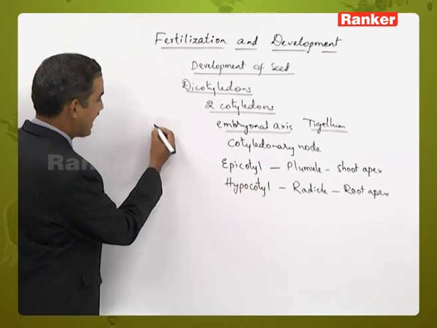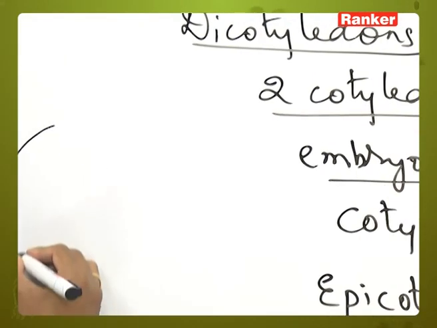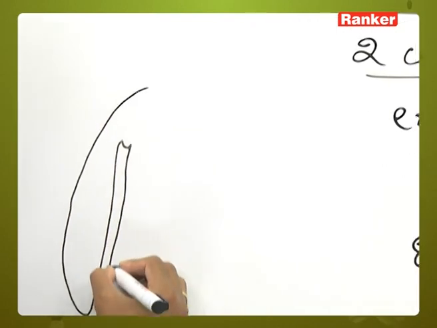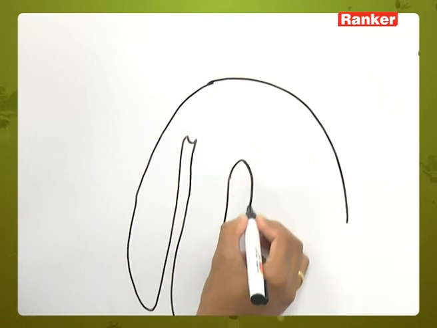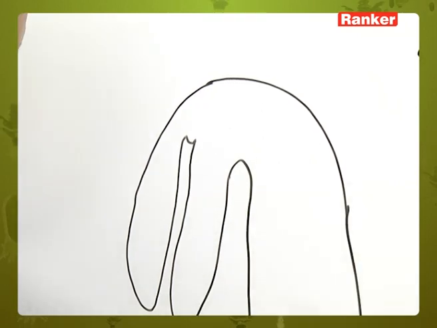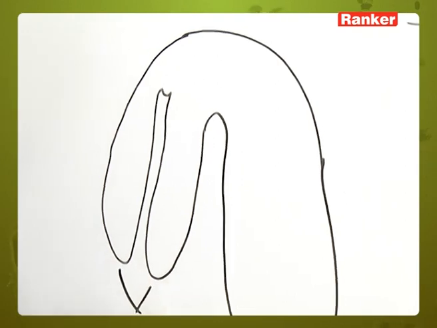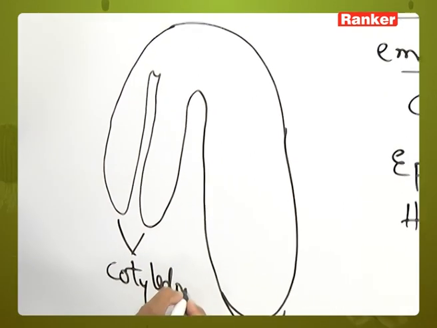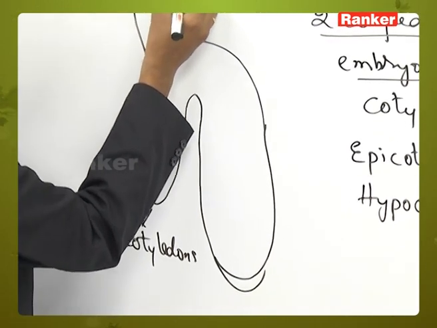If you see the diagram of this dicotyledonous seed, the two cotyledons are fleshy, so these are the two cotyledons. This is the plumule.